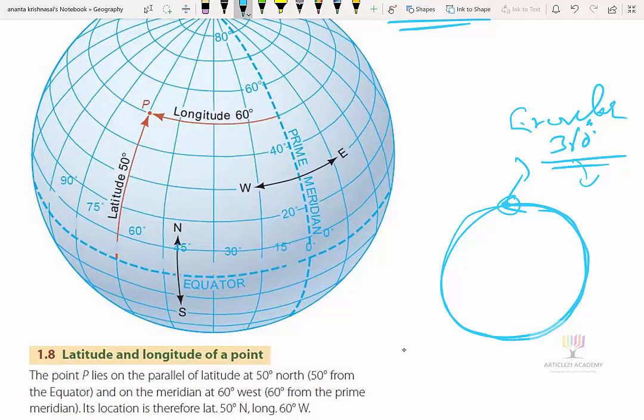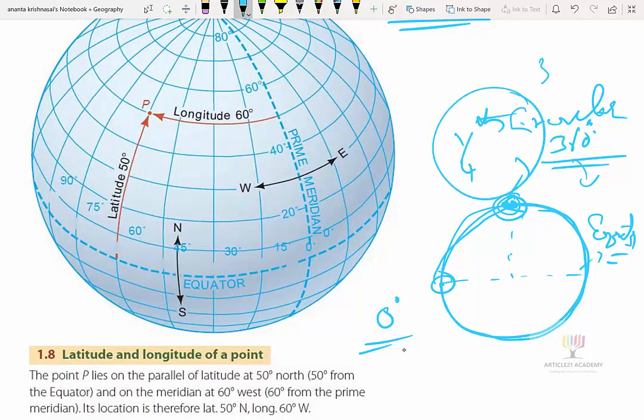And if I am already drawing the central circular plane which is referred to as the equator, and if I have to draw parallels here, or find latitudes of various points, I am starting at 0 degrees here, and if I have to travel to this particular point, I have to travel 1/4 of the entire circumference, that is 360 degrees, and hence this 1/4 of 360 degrees is 90 degrees.